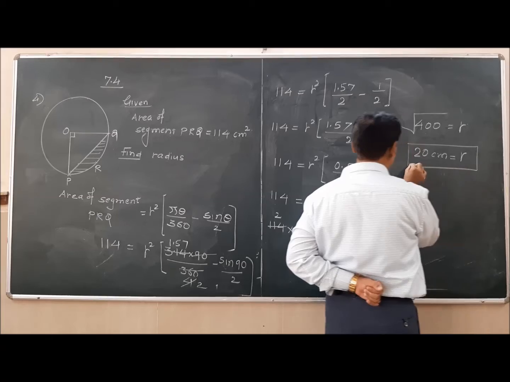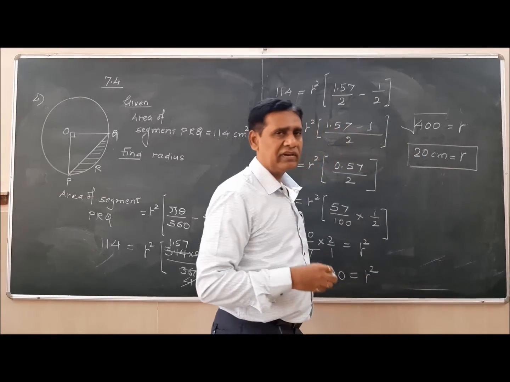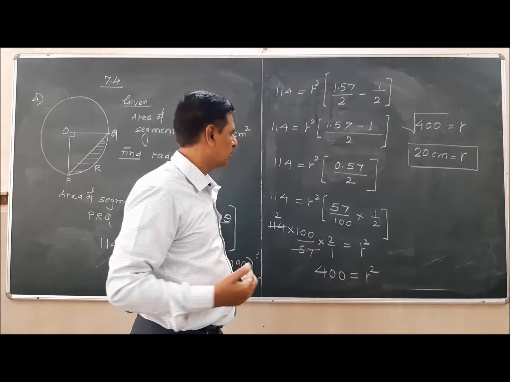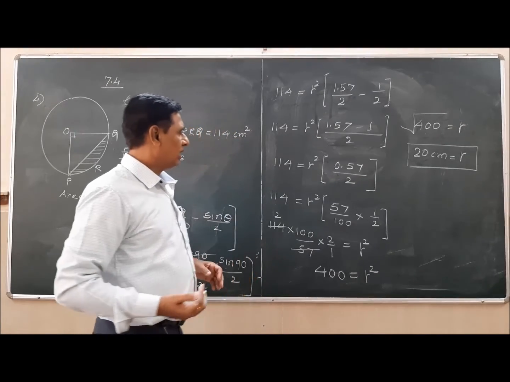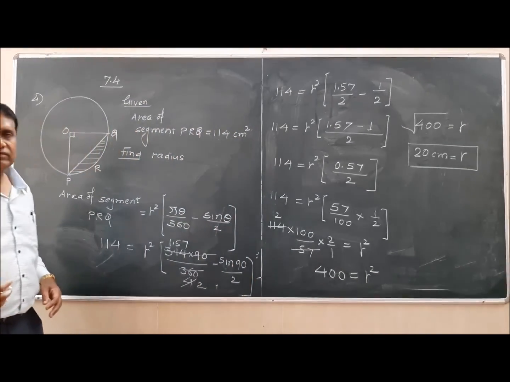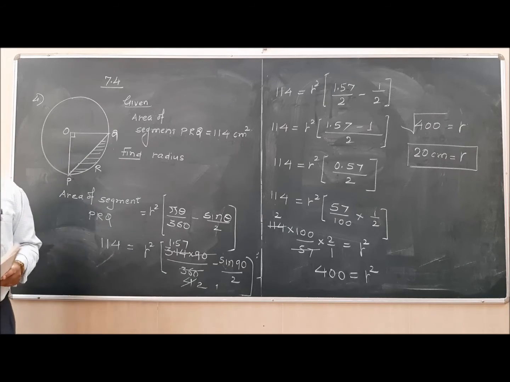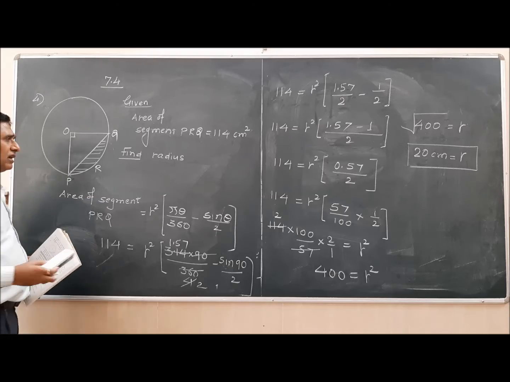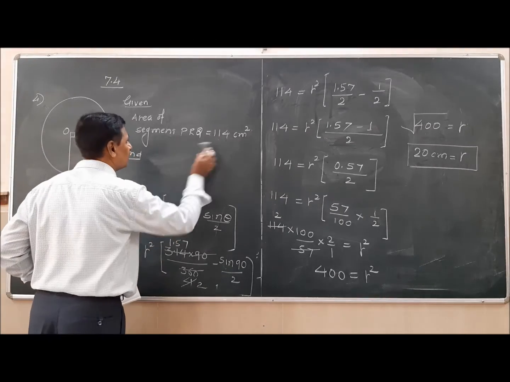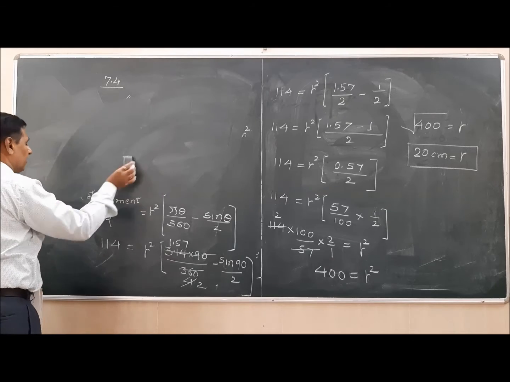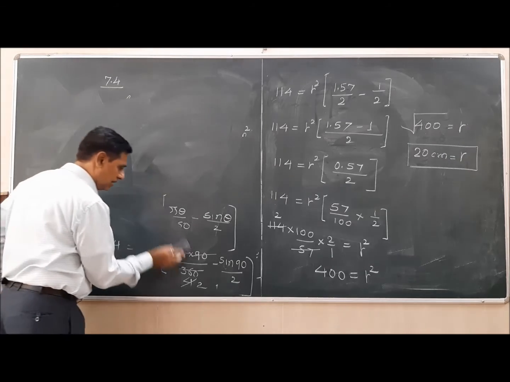So this is how you get the radius as 20 centimeter. The same answer is also given in the textbook. So in this sum you have to remember they have given us the value of area of segment, they have not given us the radius, and they have asked us to calculate the radius.